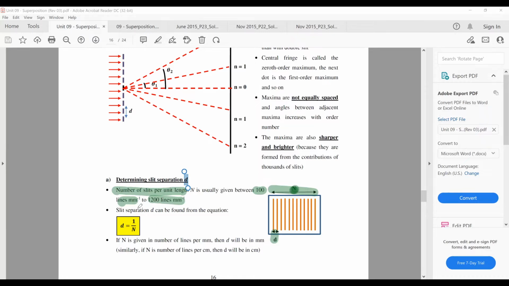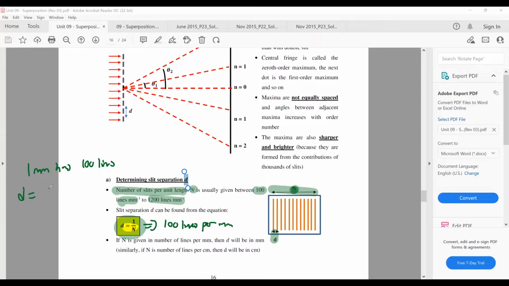The relation between the number of slits per unit length n and slit separation d is given by this equation: d is 1 over n. Why is d equal to 1 over n? If I tell you that you have 100 lines per millimeter, that means 1 millimeter has 100 lines.